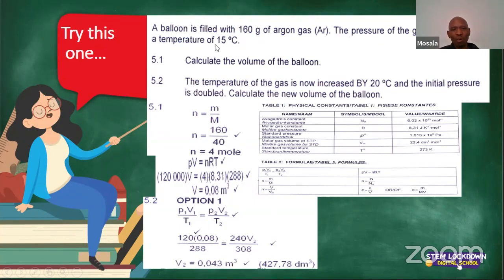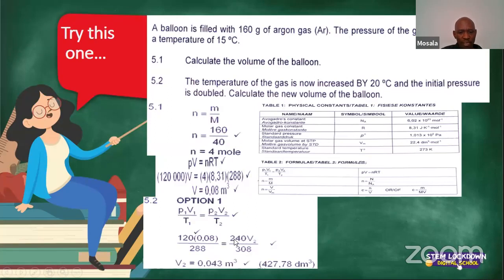For T2, the temperature is increasing by 20, which means it will be 35. So 273 plus 35 will be 308 Kelvin.